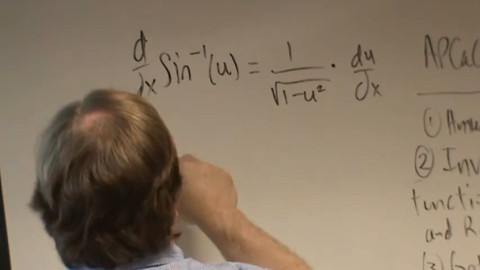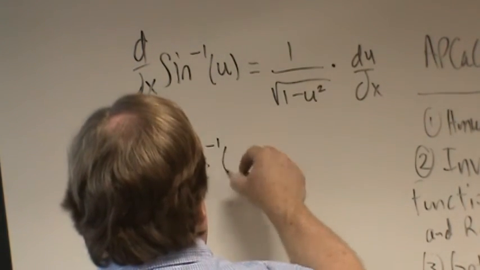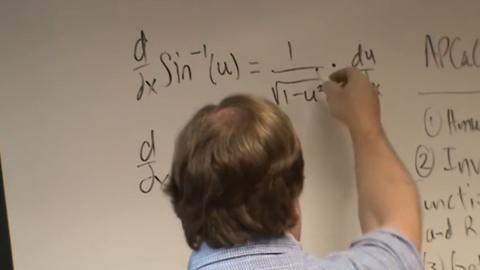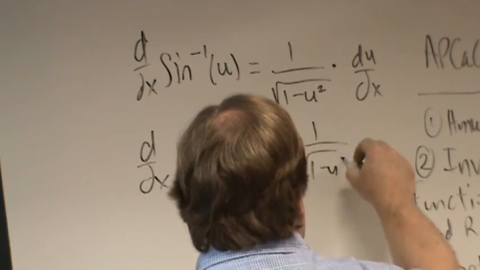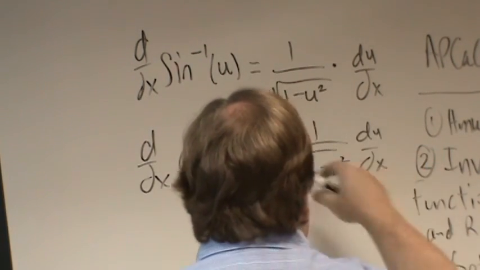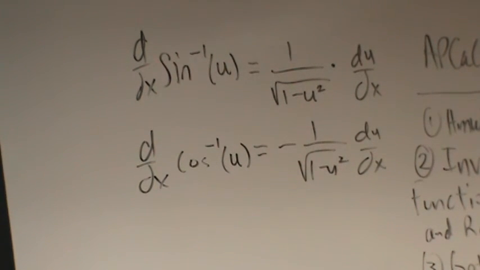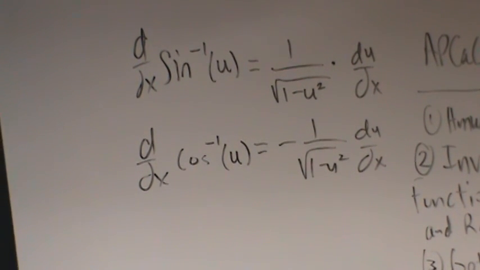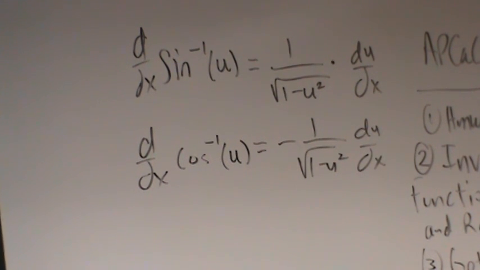And so the derivative with respect to x of the inverse cosine of u is just the negative of that. And so on down the line. Your cotangent is the negative of the tangent's, and your cosecant is the negative of the secant's. And that's it. There's nothing more for me to teach about this. So good luck doing problems.